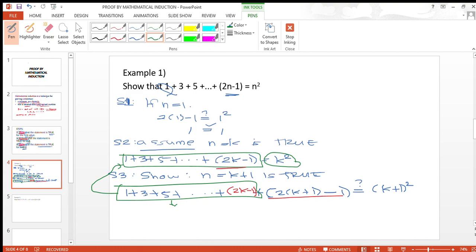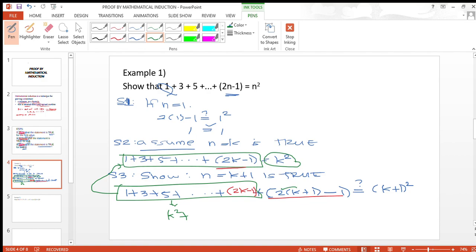Therefore, 1 plus 3 plus 5 and so on until 2k minus 1 is equivalent to k squared. So we have k squared plus, we now copy this. Let me simplify this.